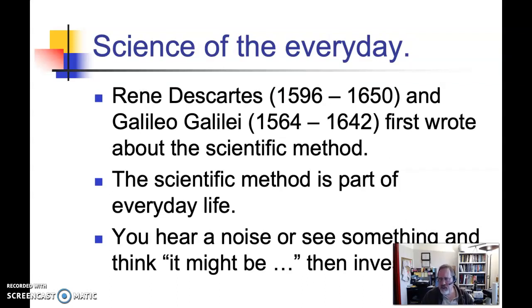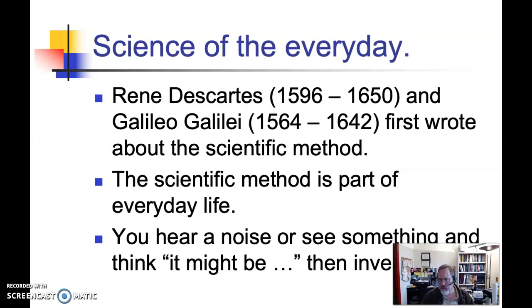So we think of science as being something done in a lab by people who perhaps have not met. But in reality, science is something that you interact with every day, even though you don't think about it. So we have people like Rene Descartes and Galileo Galilei.